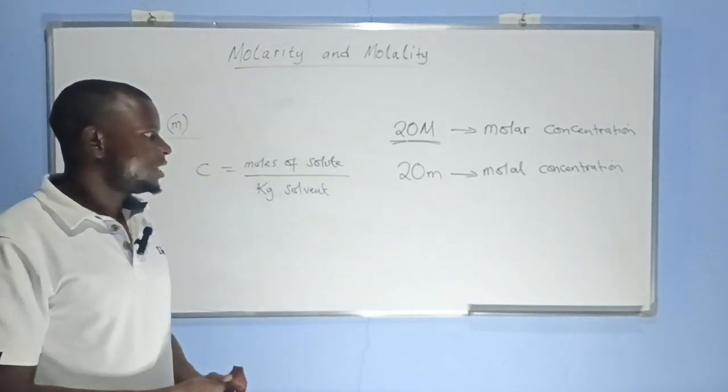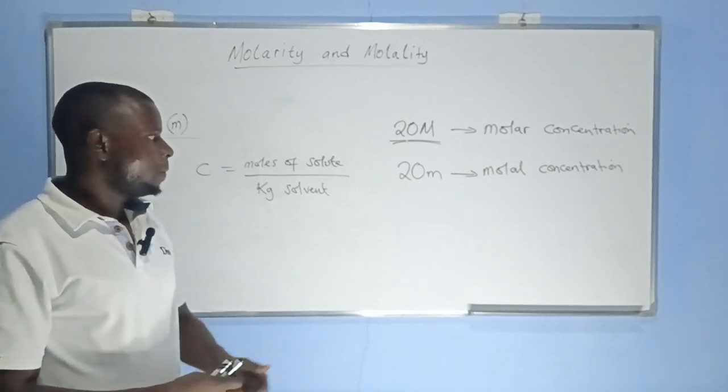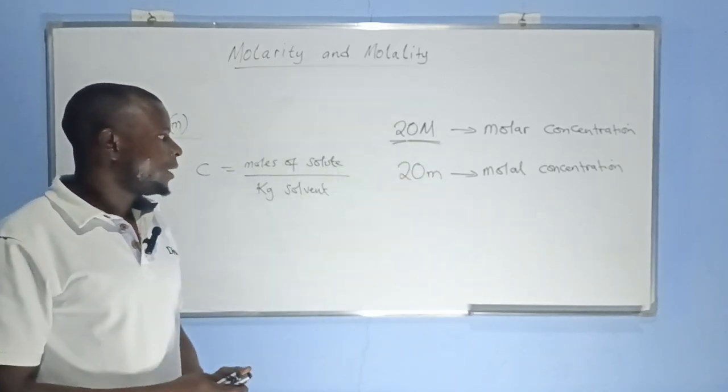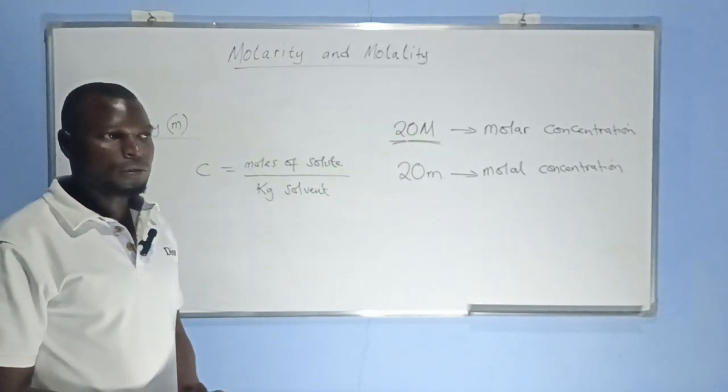They are both concentrations, but that one is molar concentration, moles of solute per liter of solution, and this is molal concentration, moles of solute per kgs of solvent.